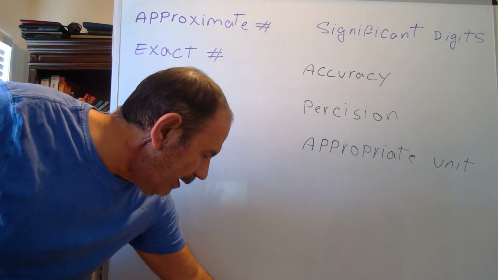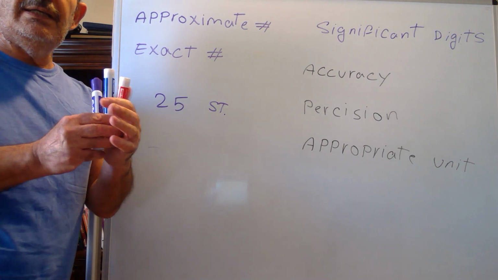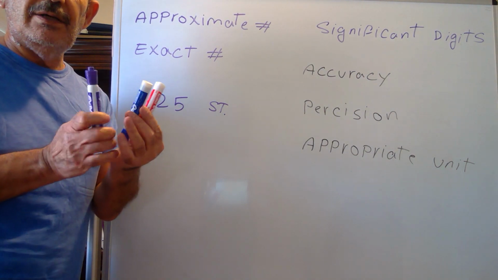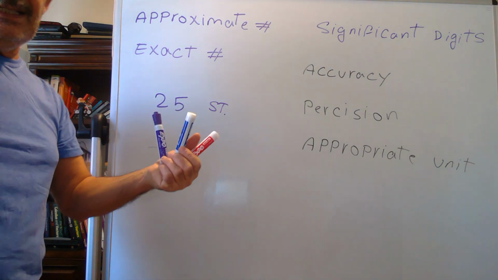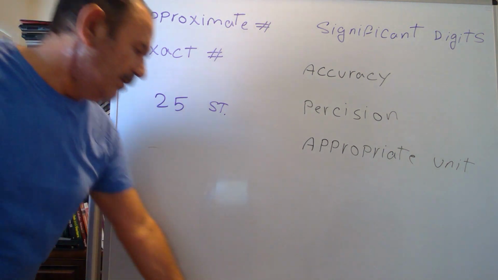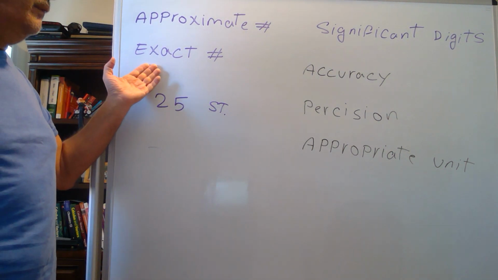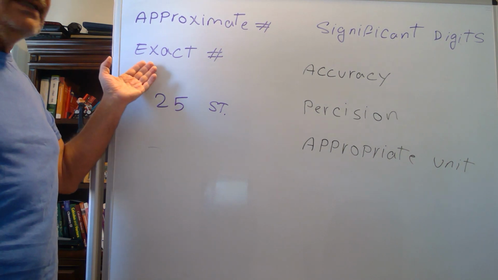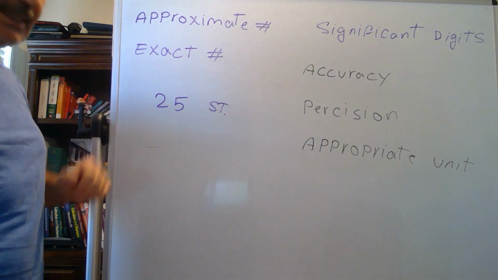Or let's say I'm asking you how many markers I'm holding in my hands. I'm holding exactly 3 markers in my hand. It's exactly 3. It's not 4, it's not 2. So an exact number, usually when we are counting something, the result is going to be exact. So approximate number, exact number.